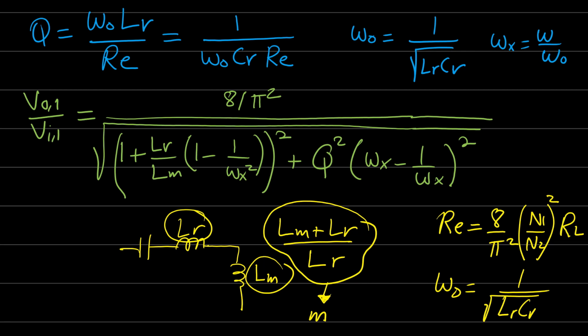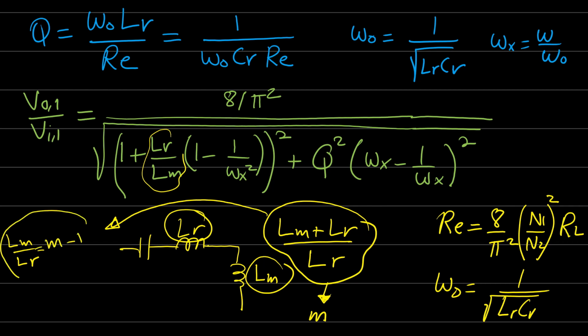We have the equivalent resistance. From these definitions, we can redefine V out over Vn. From this also we can say that LM over LR for this one is equal to how much? M minus 1, right? M minus 1, and we can redefine or rearrange this equation.